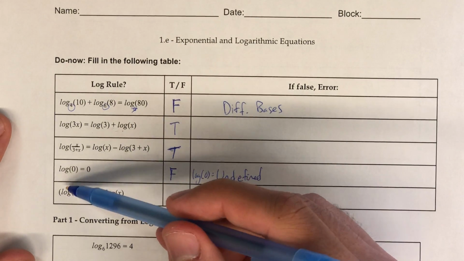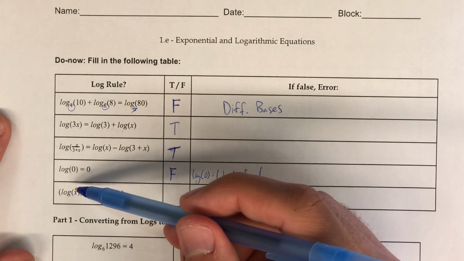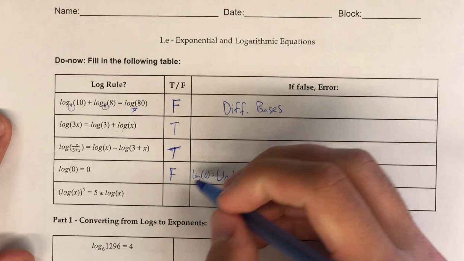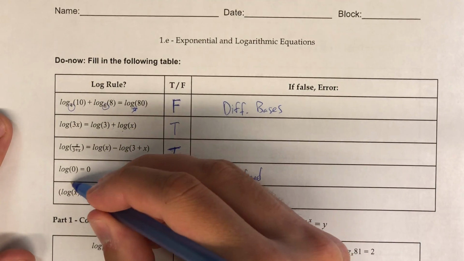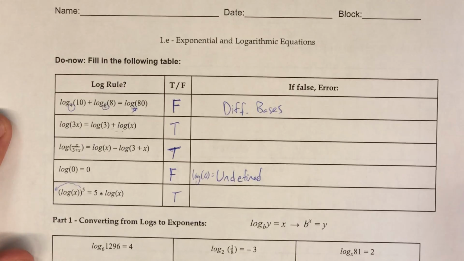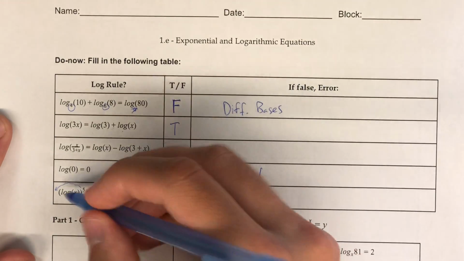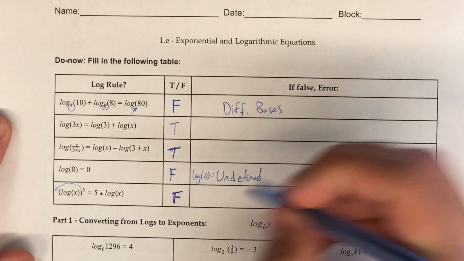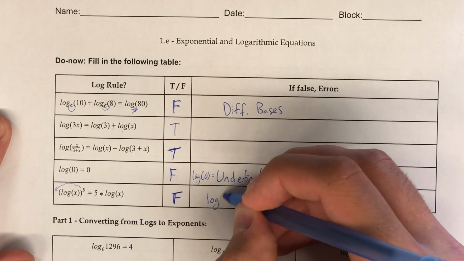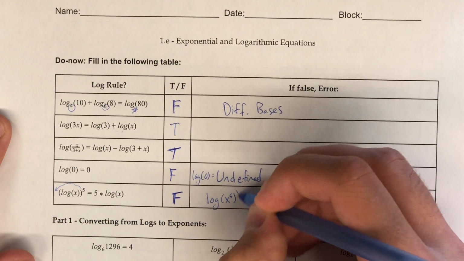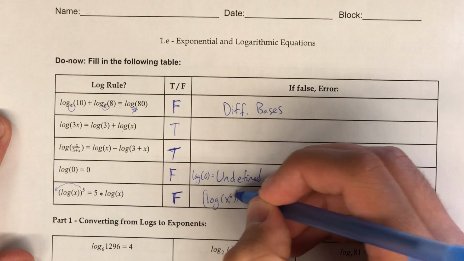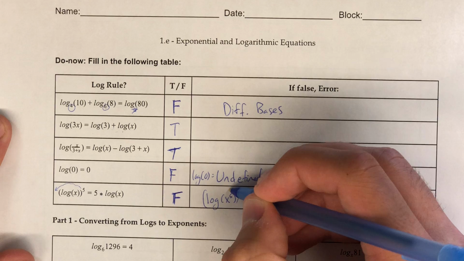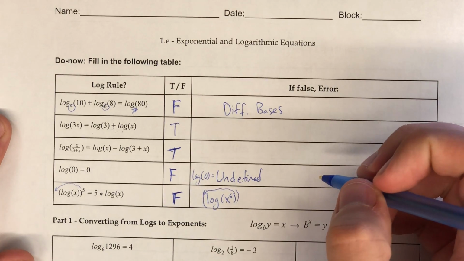And here, log of x to the 5th equals 5 times log of x. That is true. Whenever you have an exponent, you can bring it out front. Or wait, oh, actually, my apologies. No, that is false. If that exponent is on the inside, on what you're taking the log of, then you can bring it out front.